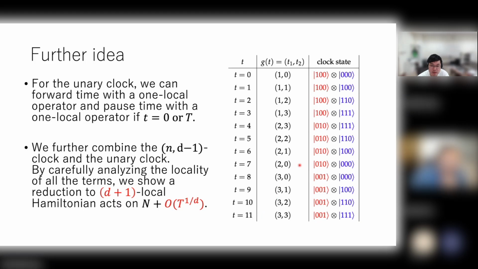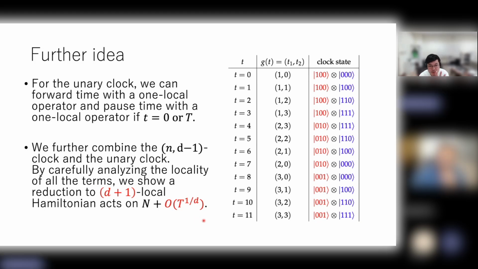The good point is we can move time forward on the unary clock by one local operator, basically, and we can pause the time on the N1 clock with one local operator. So moving time forward can be done with two local operators.